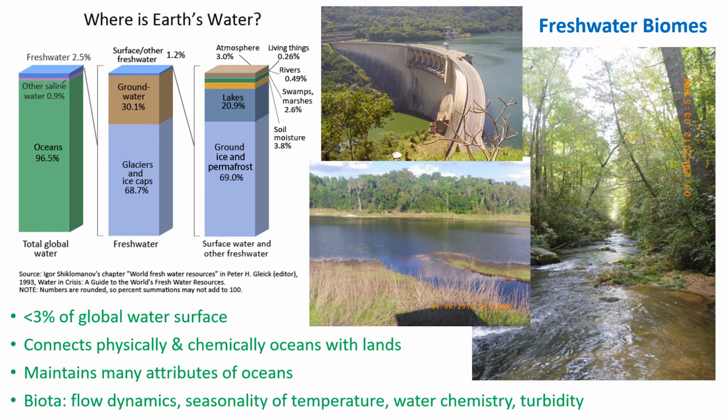And also, the biological organisms living in freshwater biomes have evolved and adapted to different types of flow dynamics, particularly in rivers, and have responded through evolutionary time to seasonal changes in temperature. We do know that certain rivers can undergo freezing or near freezing conditions. Lakes undergo surface freezing, even the Great Lakes do.